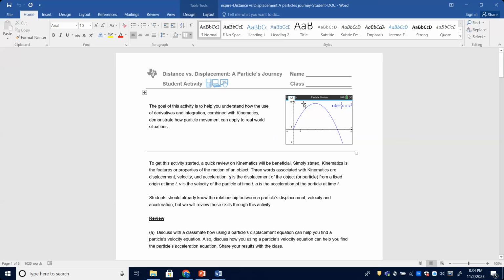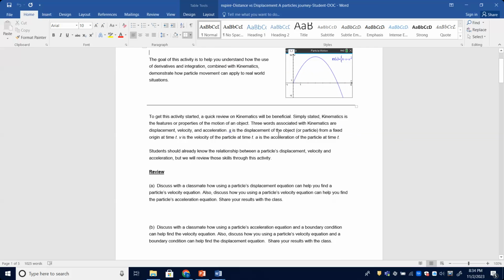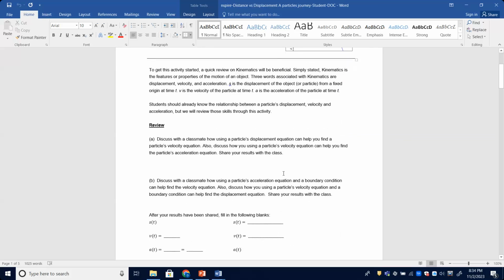We have the quick little goal screenshot going on, and some background information about kinematics and displacement, velocity, acceleration. And then I threw in, just like I did with the amortization, maybe students are either just starting or maybe they needed a review, so we've jumped right into discussion questions.